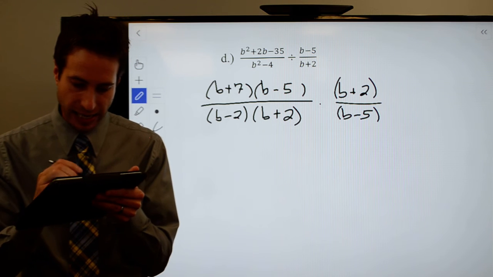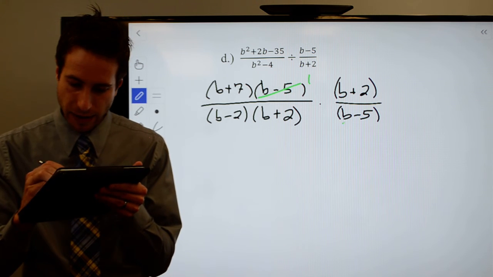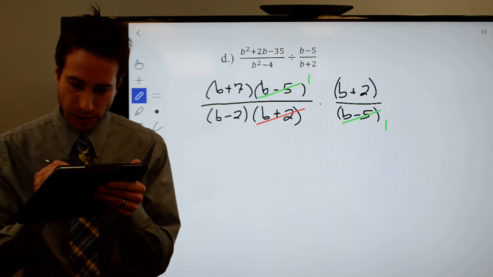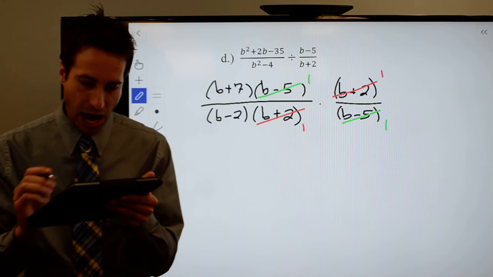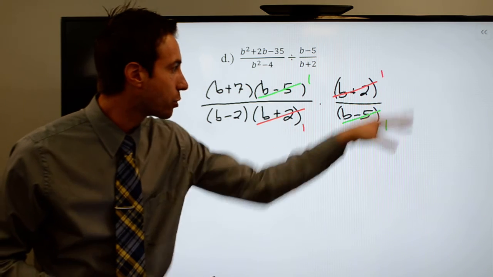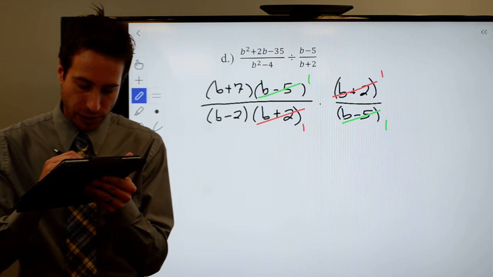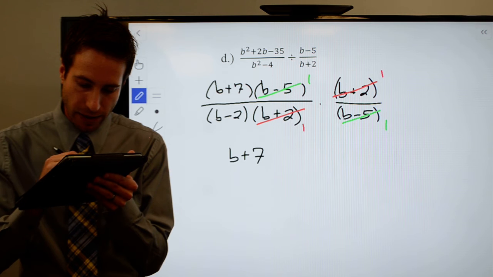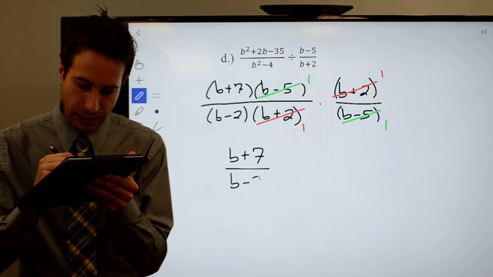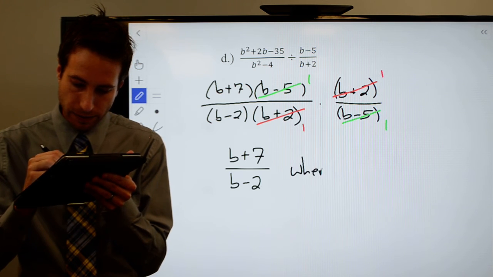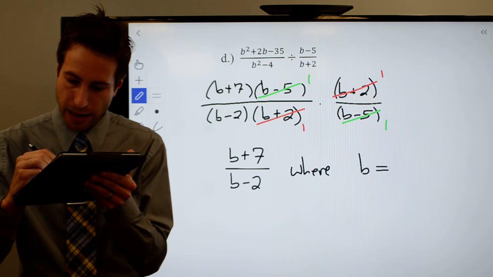And we go ahead and cross cancel if we can. b minus 5, b minus 5, b plus 2, b plus 2. I wind up with, since all of those guys go to 1s, b plus 7 over b minus 2. So b plus 7 over b minus 2, where b cannot be 2.